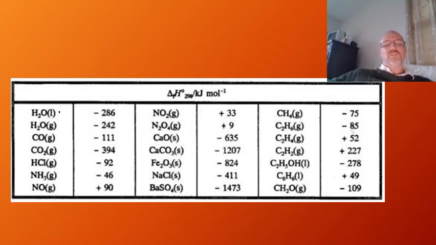Do notice, for example, water as a liquid or water as a gas vapor, they have different delta H values. This is why the state of the matter, the state of the compound is important, because the heat of formation can vary based on whether we're making a liquid or a gas.